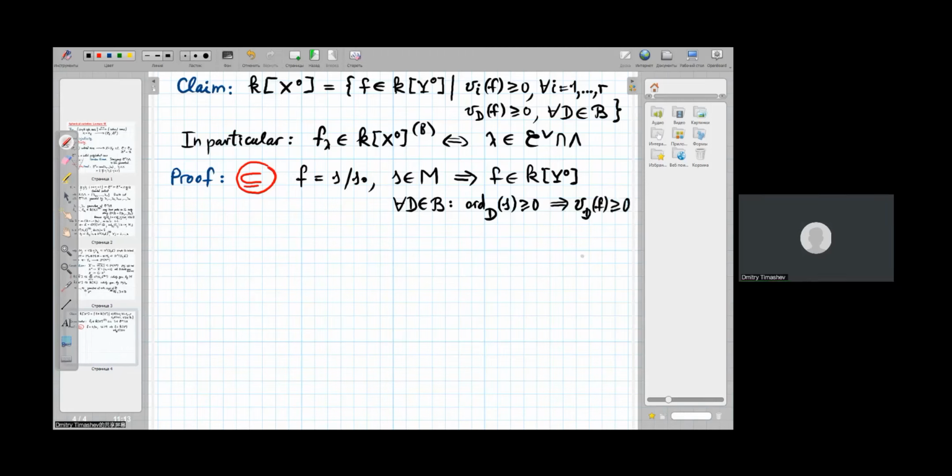Okay. Now it remains to check these inequalities. And this is done as follows.